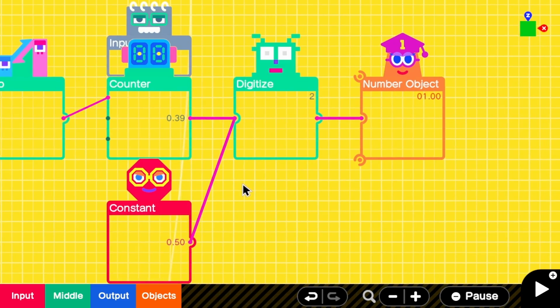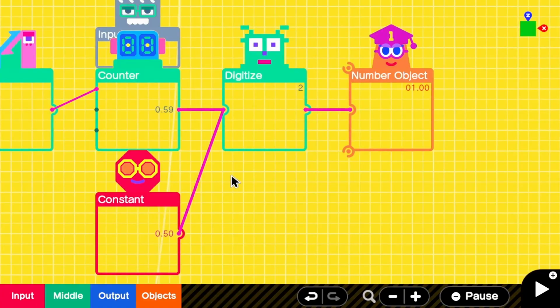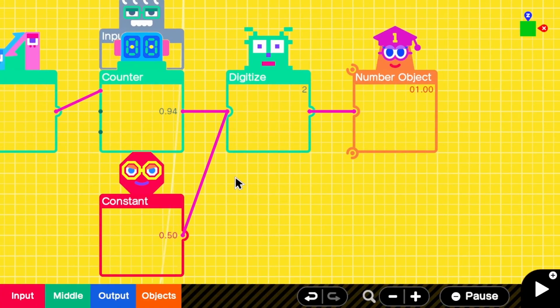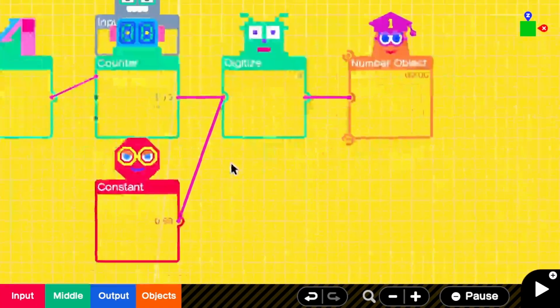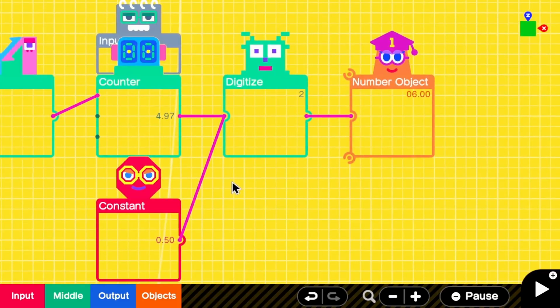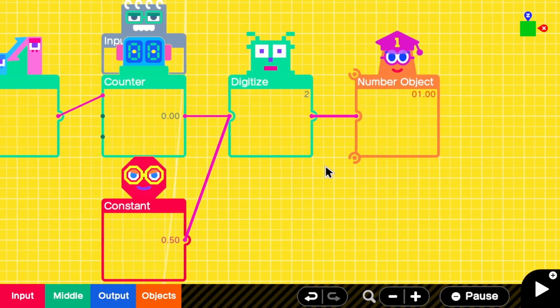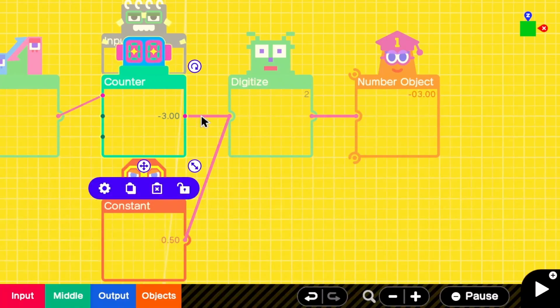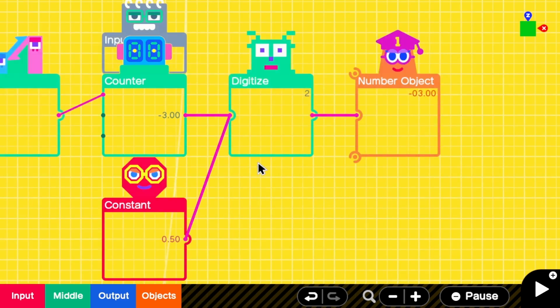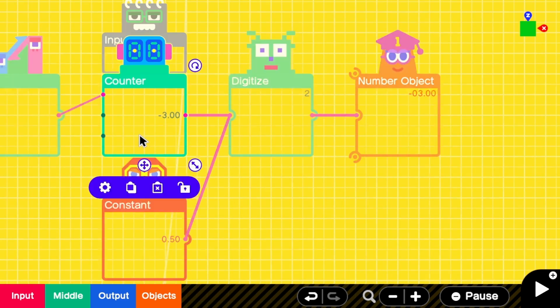But for any other value, for example 0.39, it rounds up correctly, and when it reaches 1.13, it rounds up. So it always rounds up, but any whole number that's greater than or equal to 0 gives us the wrong value. Only when it's a negative number does it work correctly. So if we want to fix this, there are two ways.